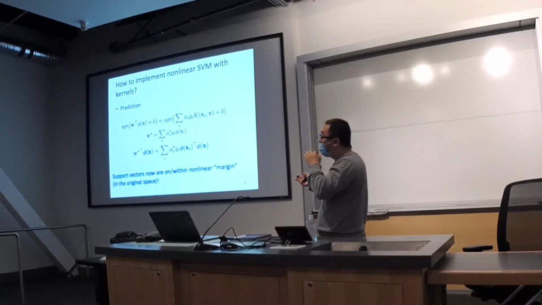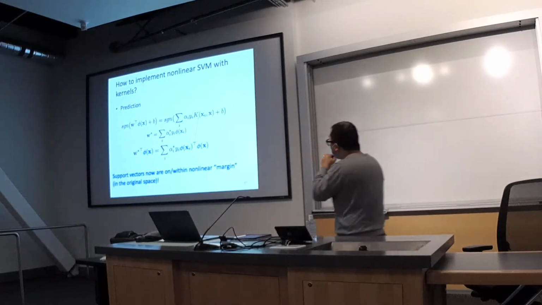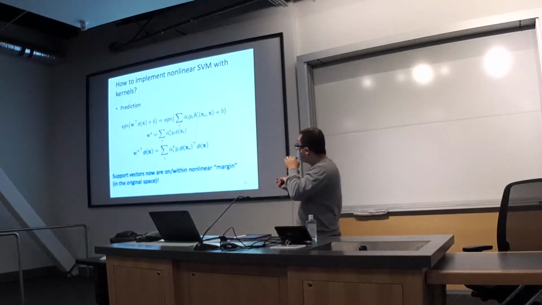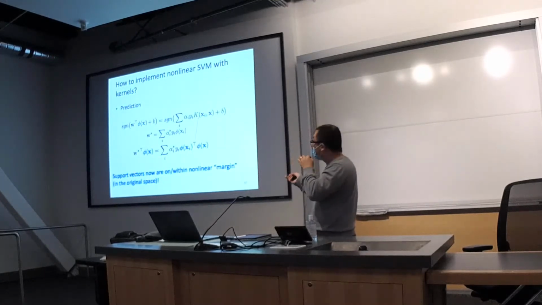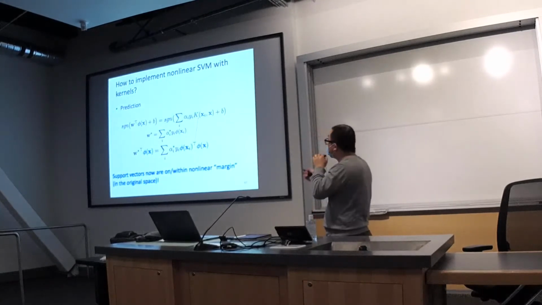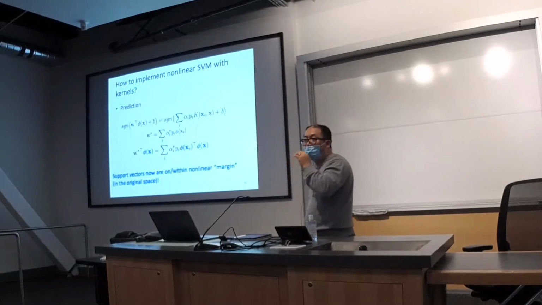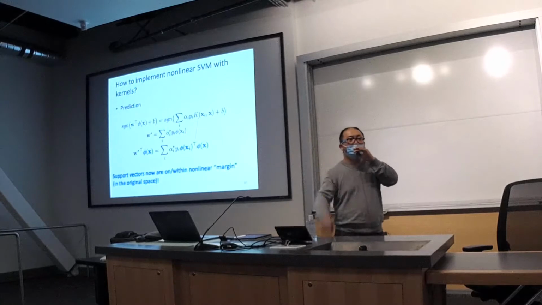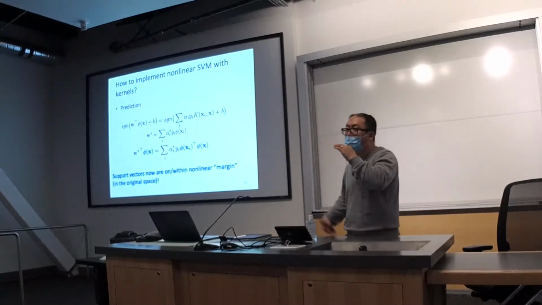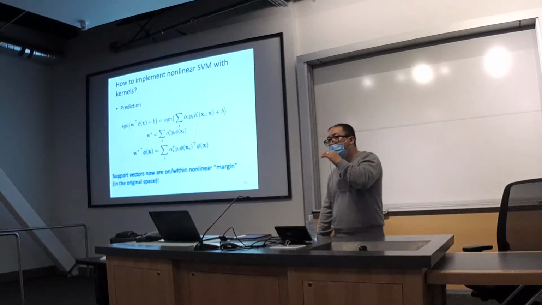Of course, after feature mapping, you would need to first do the feature mapping and then the inner product. Again, to avoid naive computation of the inner product, we replace it with our kernel function. That's how we perform the prediction step. You can see that in both the training and prediction steps, we never conduct any explicit feature mapping, because we know that it is very expensive, sometimes even infeasible.